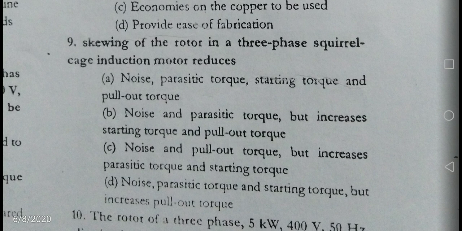Option C: noise and pull-out torque but increases the cogging torque and starting torque.